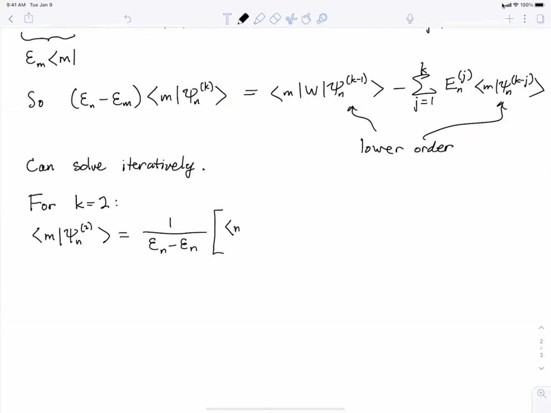Then I'm just going to rewrite everything else with k plugged in as 2. I'm going to expand the sum and write both terms in the sum explicitly so we can see what they are.